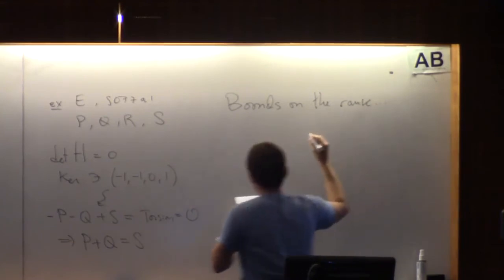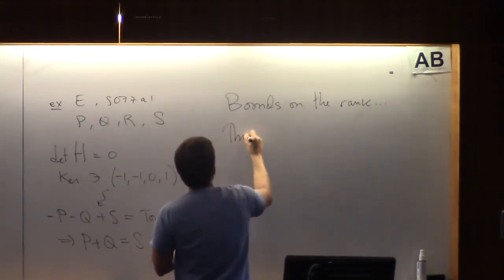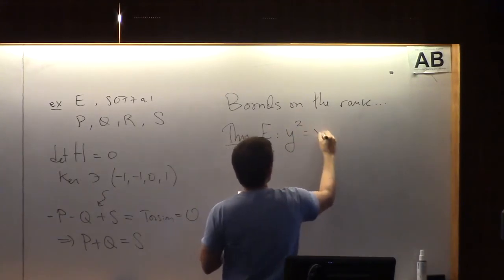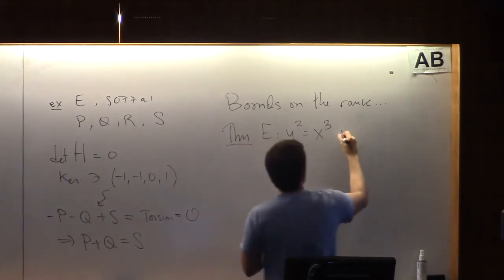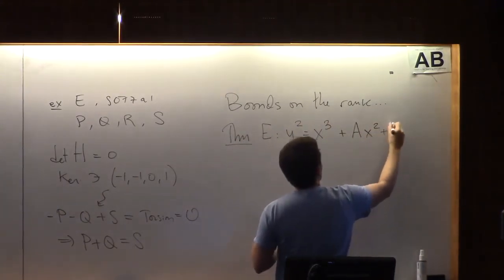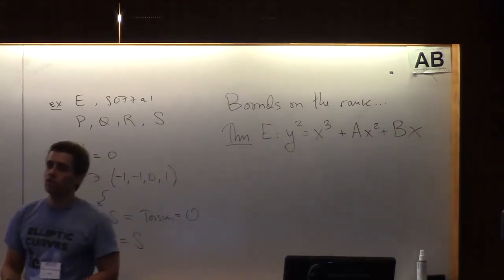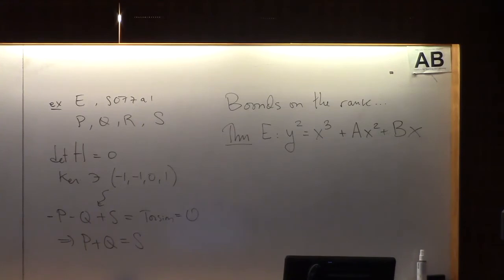So for instance, if you have an elliptic curve that has 2 torsion points, then you can write it like this, because if there's a 2 torsion point, there is a 0 on the cubic polynomial in X, and you can translate so that the X coordinate is 0, and you can write it in this form. Okay?